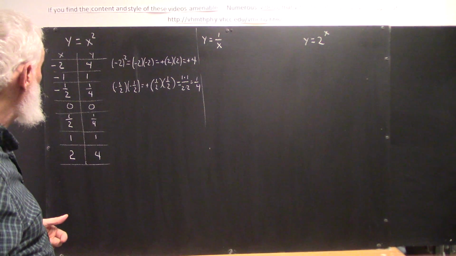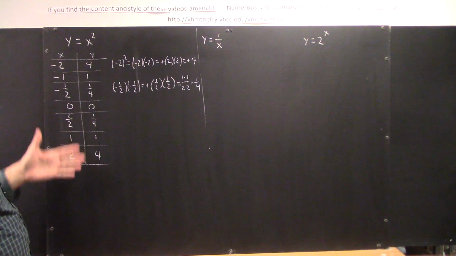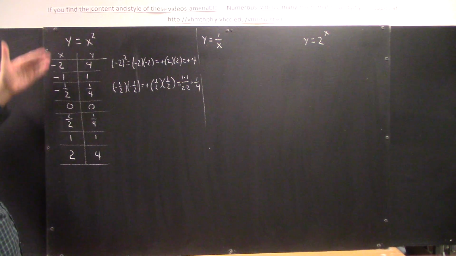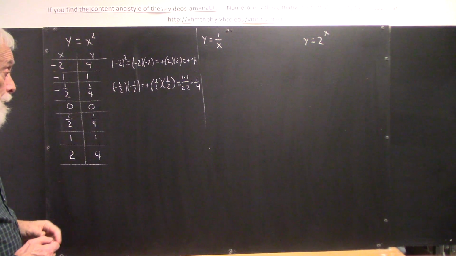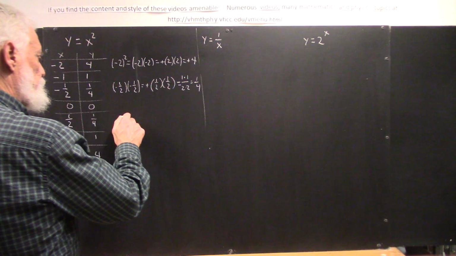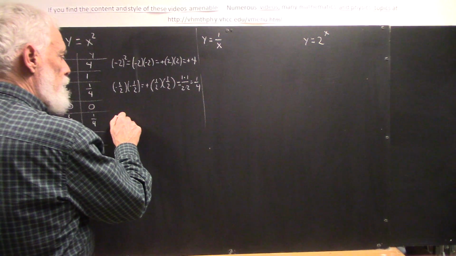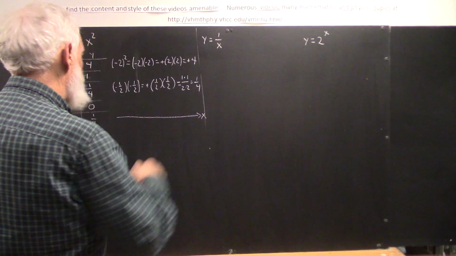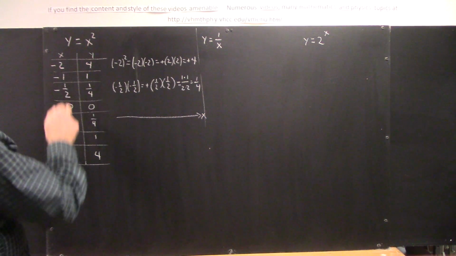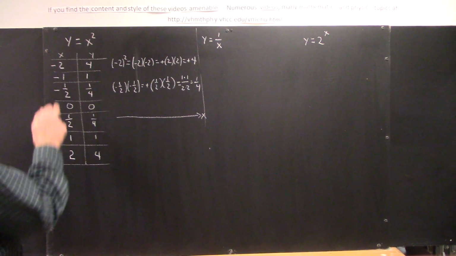Now, we're going to use these numbers to construct a graph. Okay, and the first thing I ask you to do is sketch a graph of an x-axis with the numbers -2 through 2. These same numbers here.